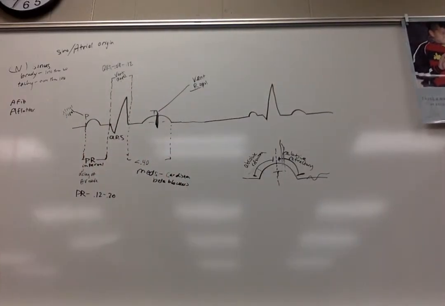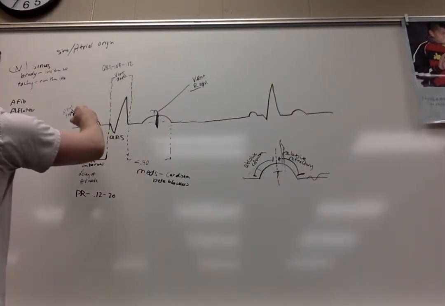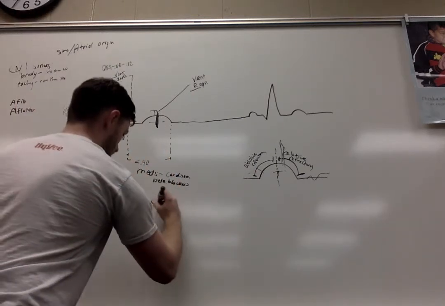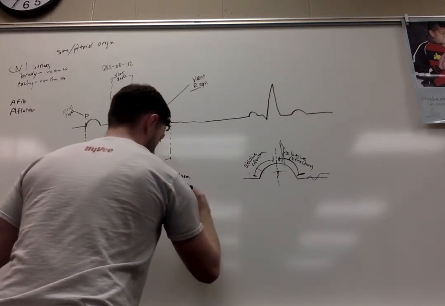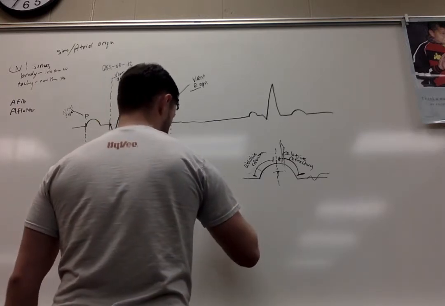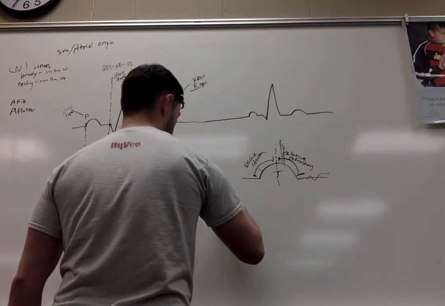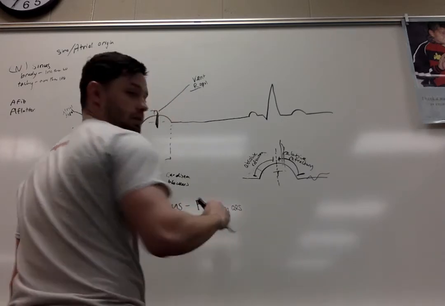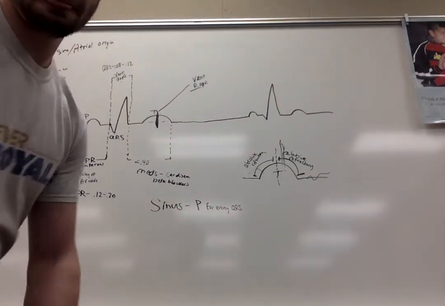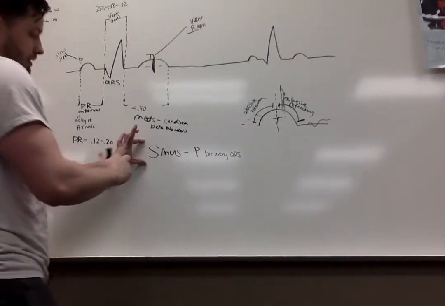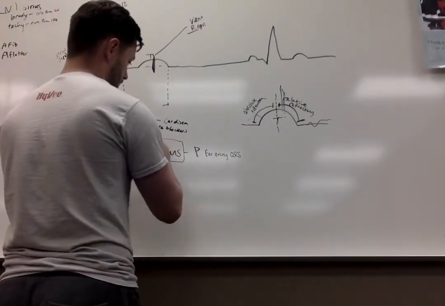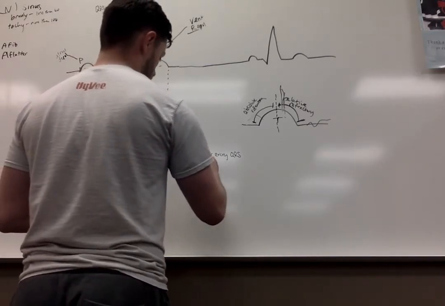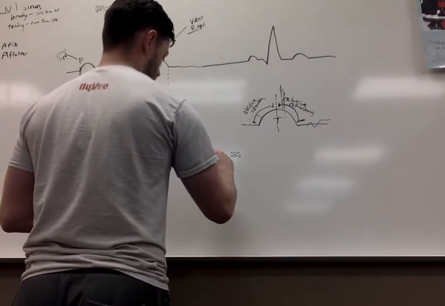Okay, so sinus rhythm. You have your P wave, and I'll write this down. Sinus is important. It has a P wave for every QRS. And if you want to make these in tables, it'd be great. That's a good way to study. So sinus rhythms, make a list. P wave for every QRS, QRS for every P wave.